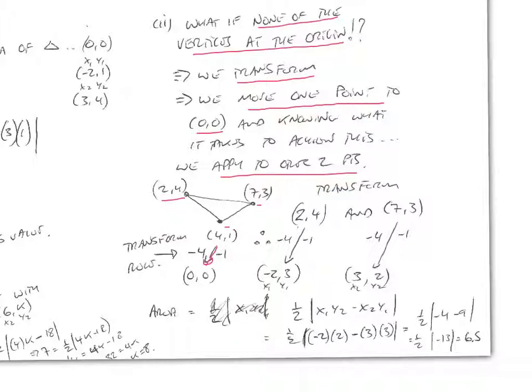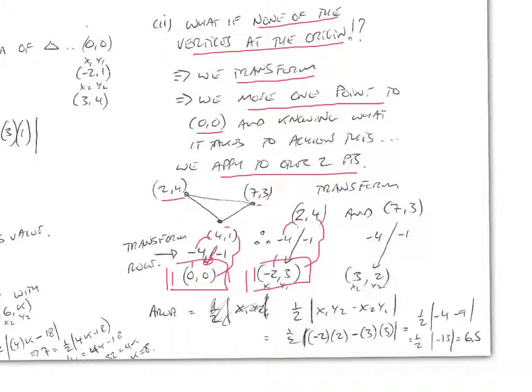And to do that, we've said 4 minus 4 is 0 and 1 minus 1 is 0. So for the next point we have to say 2 minus 4 is minus 2 and 4 minus 1 is 3. So that's our transformed point. This is our first transformed point at the origin where we want it.